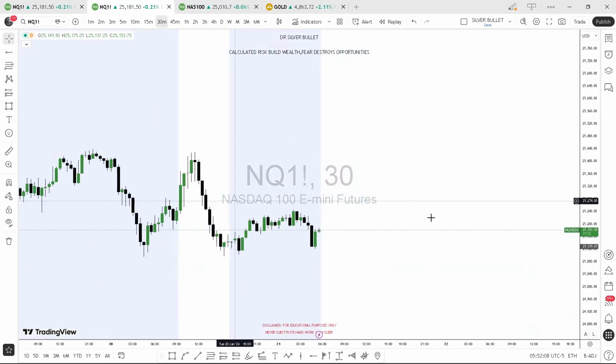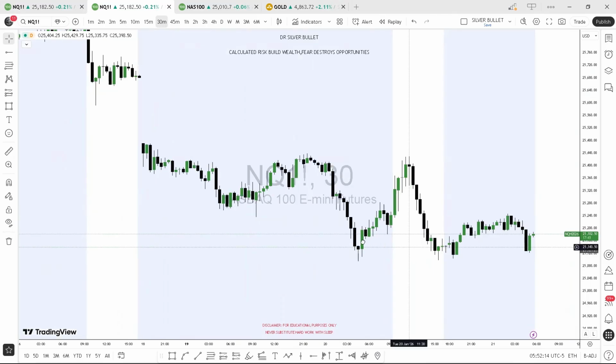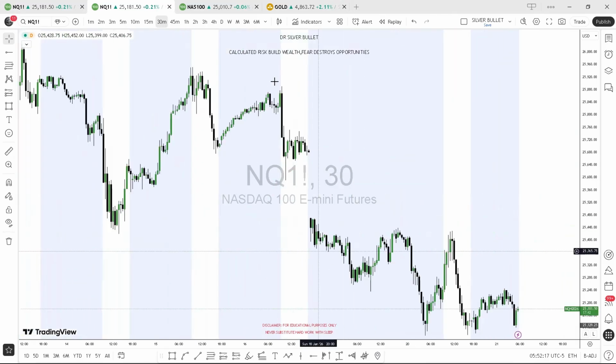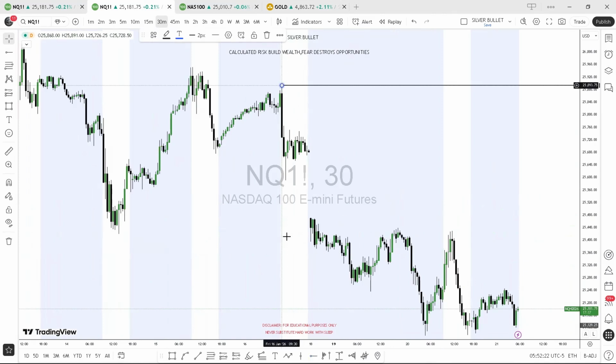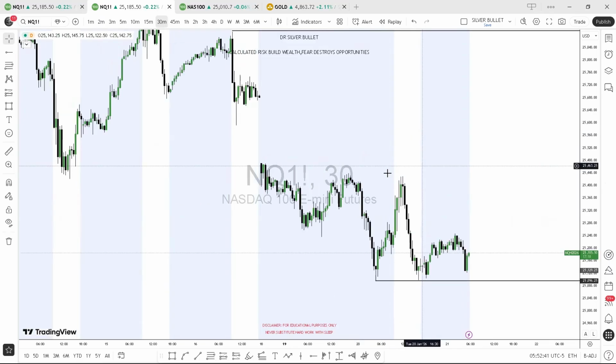From this side to this low, these are relatively equal lows, and these are also relatively equal highs. When we took out these relatively equal highs, where are we most likely to go? We are most likely to come and cover this new week opening gap. That's how these things are.